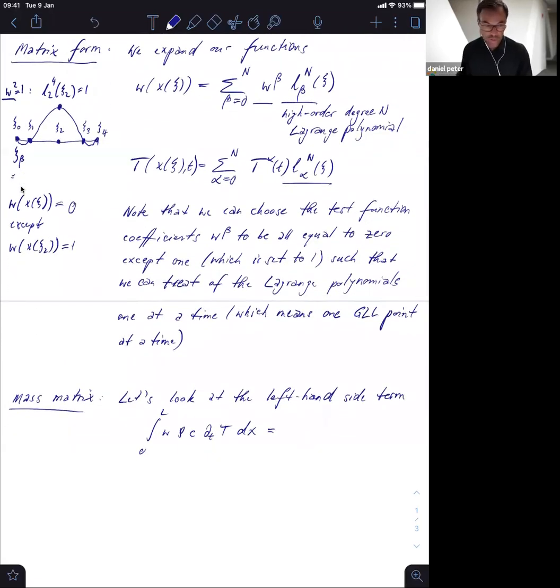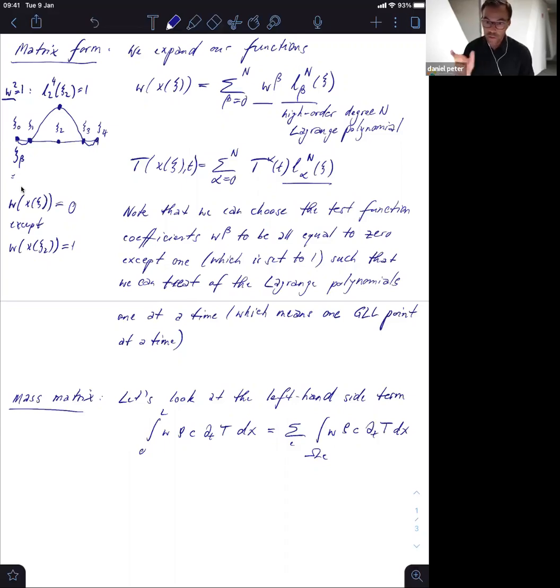And you saw once we discretize this into finite elements, this is going to be the sum over all these element integrals that we have of this guy here.